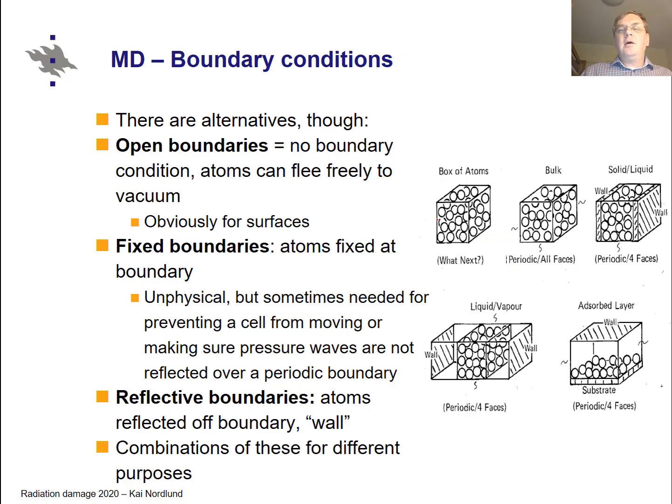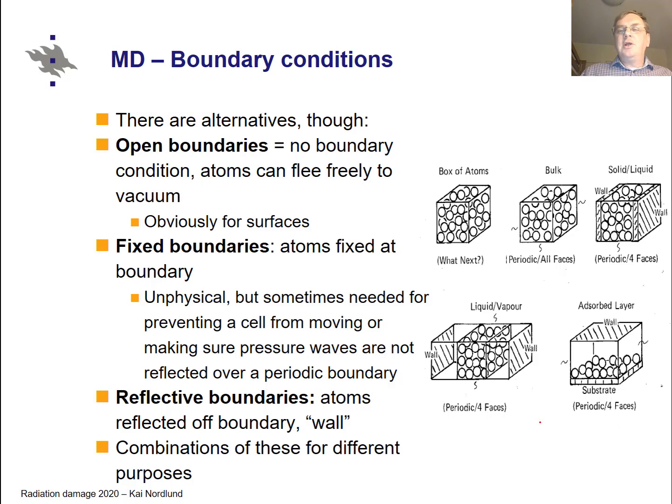Well, there are alternatives. There are open boundary conditions. Of course, you just let atoms fly freely into the vacuum. This means that the algorithms don't need to be modified in any way. You can fix atoms. This is always unrealistic in the sense that in reality there are no fixed atoms in the real world. But sometimes it's still a useful simulation trick, for instance, to prevent a cell from starting to move.